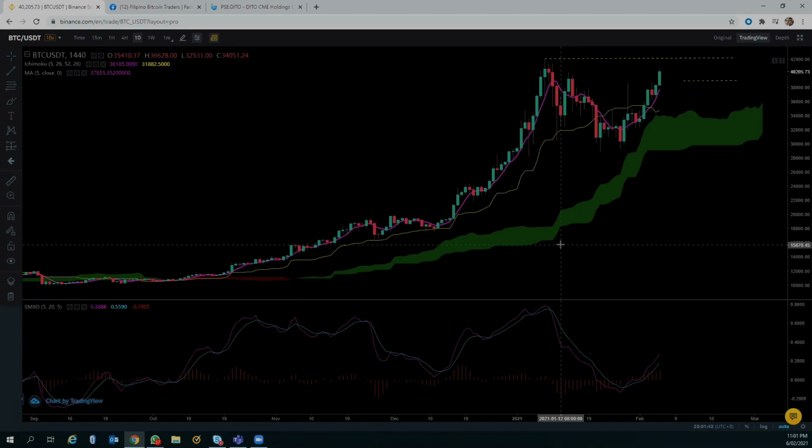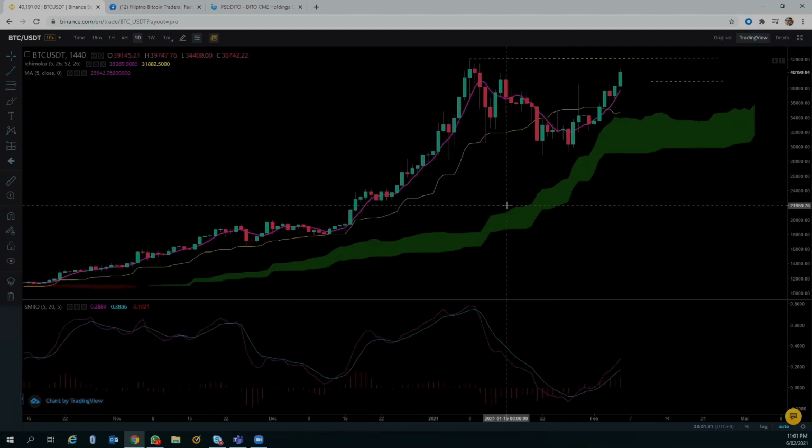So, lagi kong tinitingnan kung paano siya nag-end yesterday. Kasi, if you notice, lahat talaga ng indicators, they're based on what happened in the past, right? So, except for dito sa Ichimoku where na kasi may projected 26 days siya. Ito, advanced 26 days.